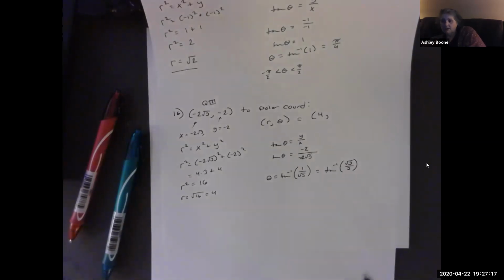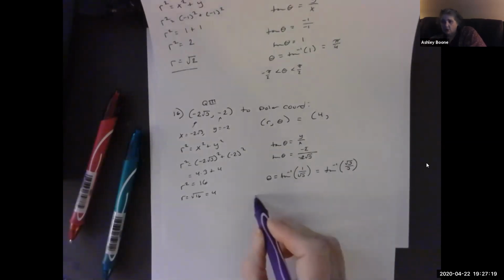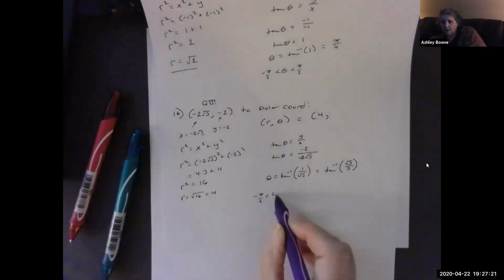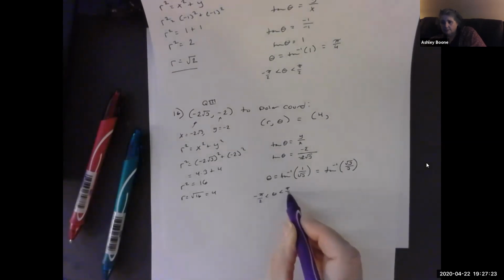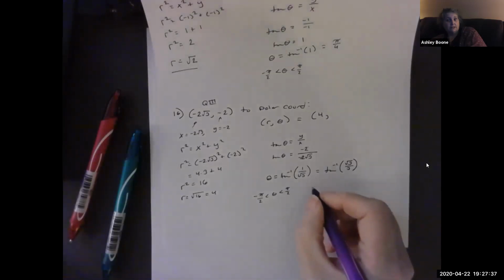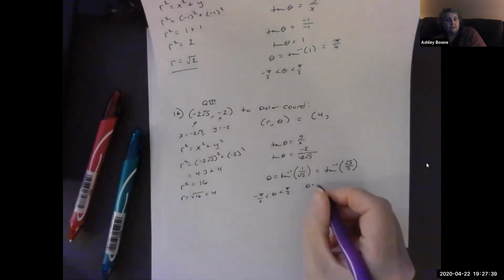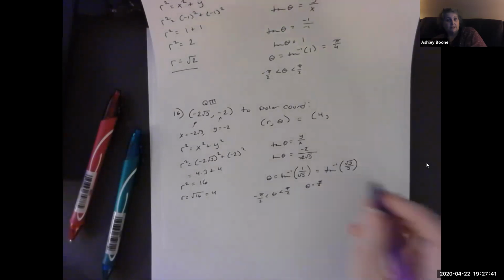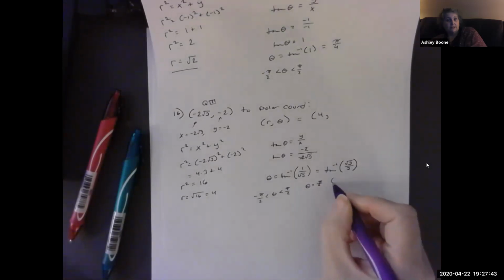Okay, think about this. It is positive, so we're between -pi/2 and pi/2 for this part of it. Inverse tangent's defined from -pi/2 to pi/2. This is actually going to give us our reference angle. Remember, if theta is equal to pi/6, think about the coordinate of pi/6.